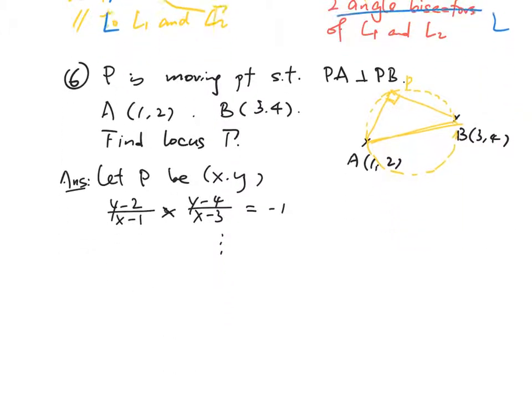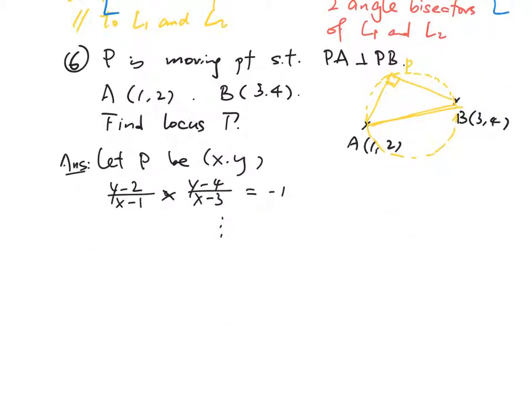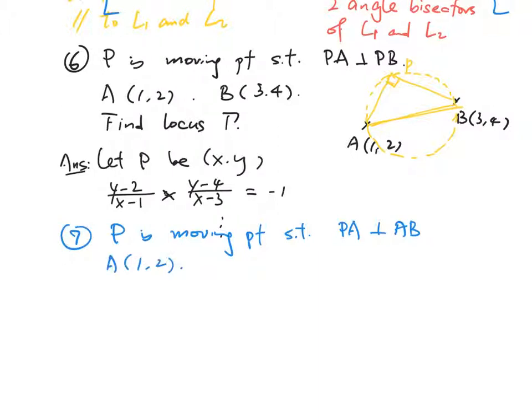Another very similar question would be, so please compare it carefully with number 6. We also call P a moving point such that PA, but this time, is perpendicular to AB. Again, we suppose A is (1, 2), B is point (3, 4), and you have to find the locus, called gamma.